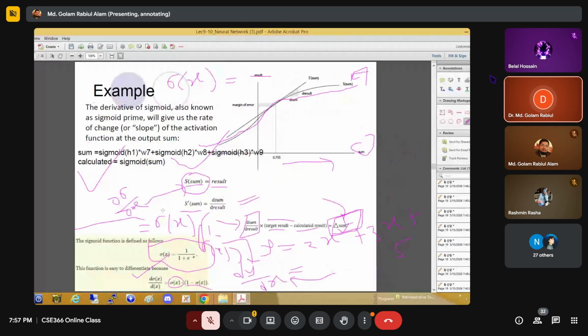Because previously, if we can remember this equation, this is sigmoid of the sum is result. So this equation is also valid for sigmoid of our hidden sum equals hidden results.